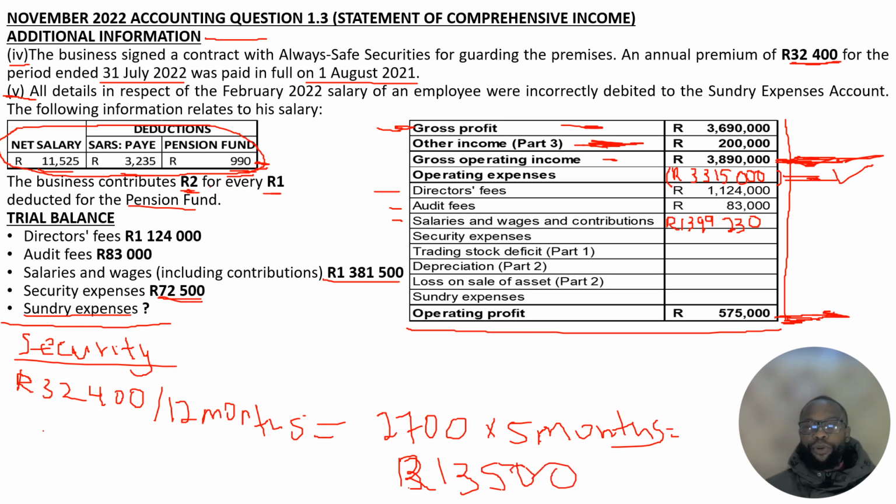That's the money that we don't want. We should take it out from this 72,500. So for security expenses, we are going to deduct 13,500.